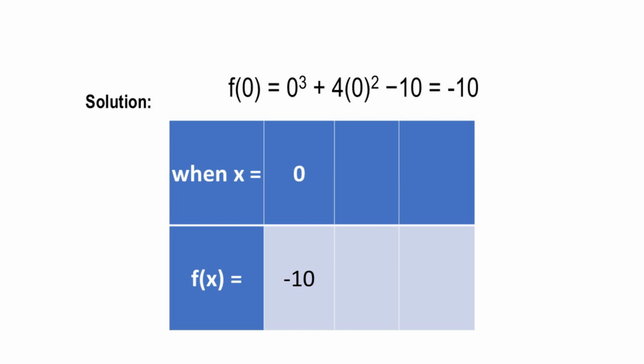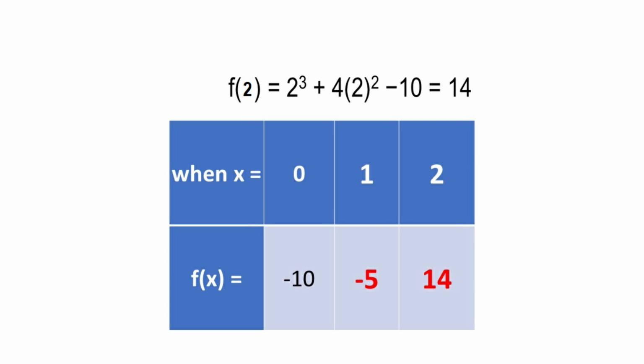So f(0) is minus 10. And again, we set x equals 1. f(1) is equal to minus 5. And if we set x equals 2, f(2) is equal to 14.